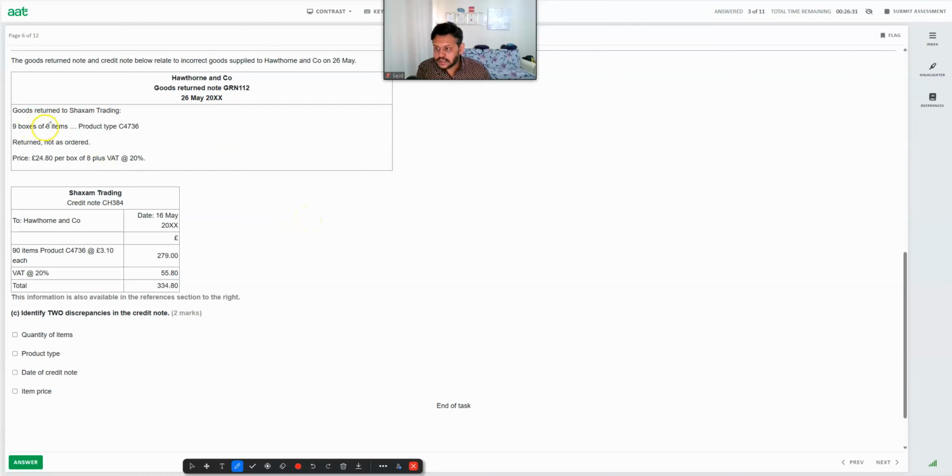So here it was 9 and here is 90. So there's a problem with the quantity. This one is not matching. So we will say the quantity of the item, and we issue the credit note.